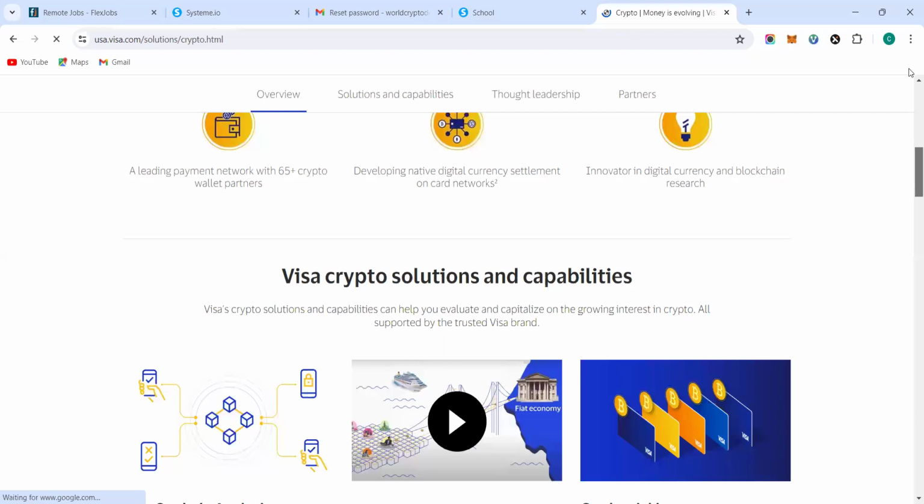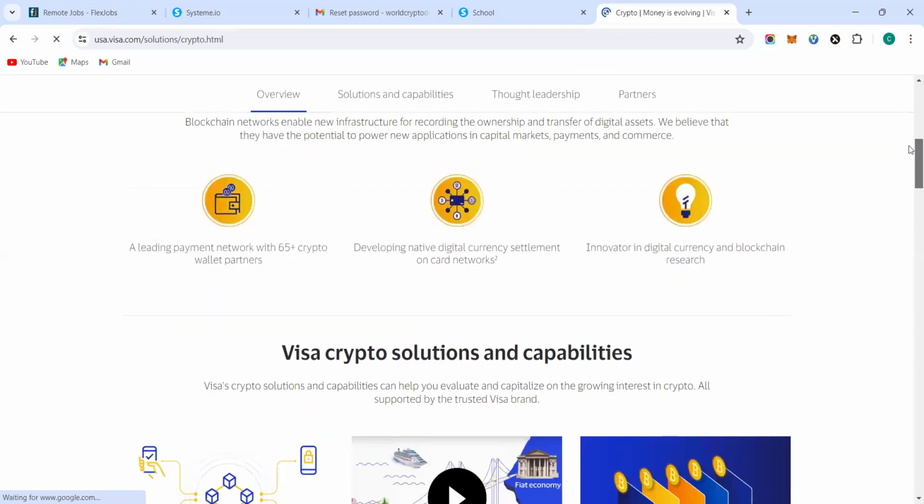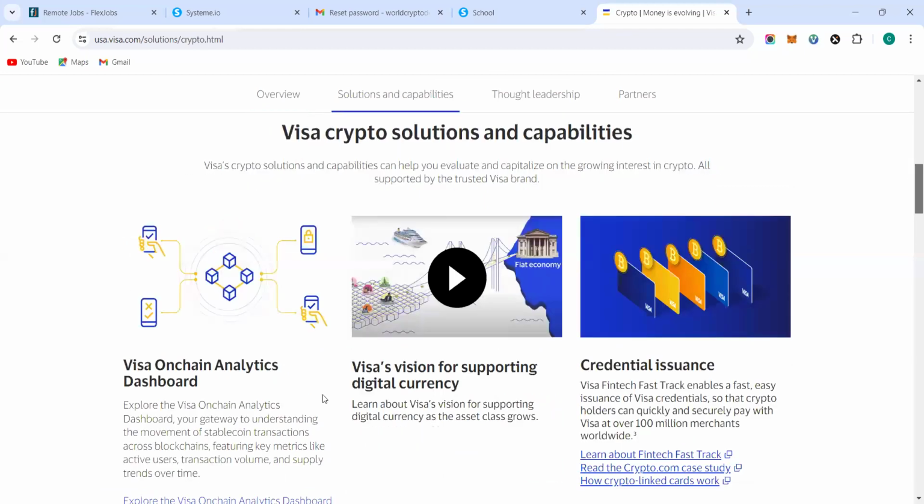You head over to the US Visa page and you can see right here, unlocking crypto opportunities. They are going to be enabling payments via cryptocurrency, with withdrawals via crypto already going on. There's Visa's vision for supporting digital currency, Visa on chain, and a whole lot more.